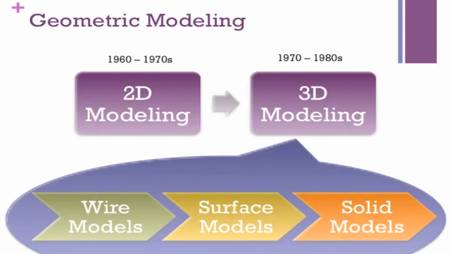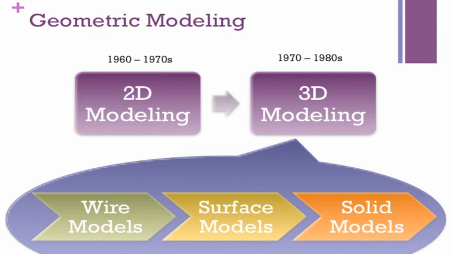A bit more detail on geometrical modeling. 2D modeling was first developed in the 1960s to 1970s. Basically it's the development of 2D technical drawings on a computer screen. In the 1970s to 1980s, the first 3D modeling kind of technical drawing appeared.